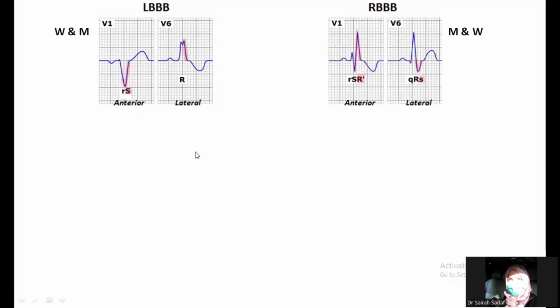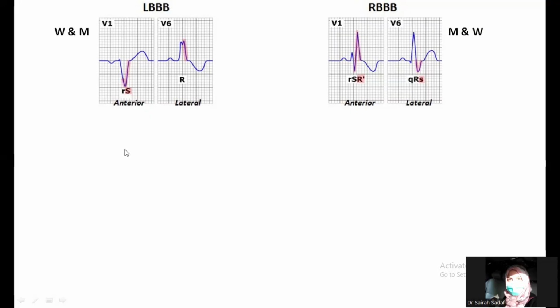That rule will apply here as well. We will have normal findings with enhanced, exaggerated features in case of left heart pathology, left bundle branch block, and in case of right bundle branch block, we will have reverse, opposite findings of the normal finding. Whatever is normal will become opposite.